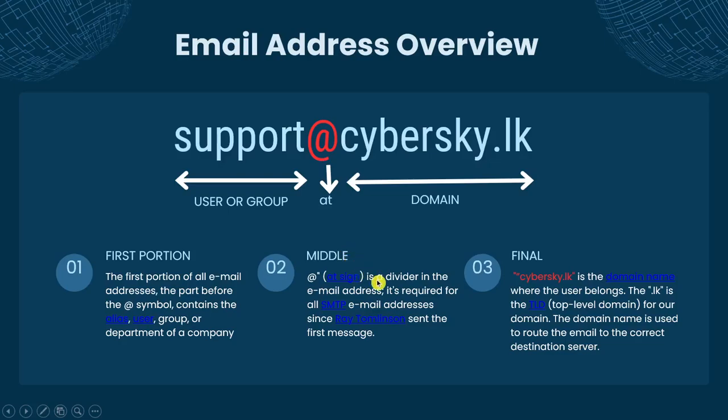The middle part is the @ sign, the divider in the email address that separates the user and the domain, and it was introduced by Ray Tomlinson. The last part is the domain name, where Cybersky represents the organization's domain, and .lk represents the top level domain. So that is the email address overview.